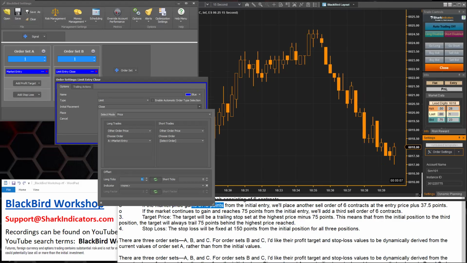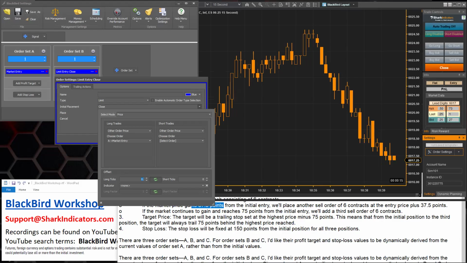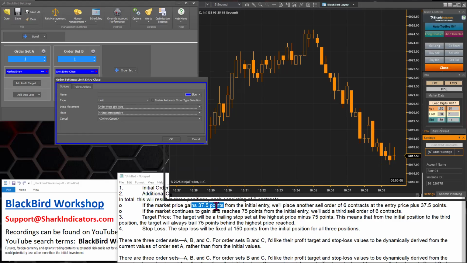Let's see here. But first, I need to do a little math and convert points to ticks. All right. So we want 150 ticks is this 37.5 points.